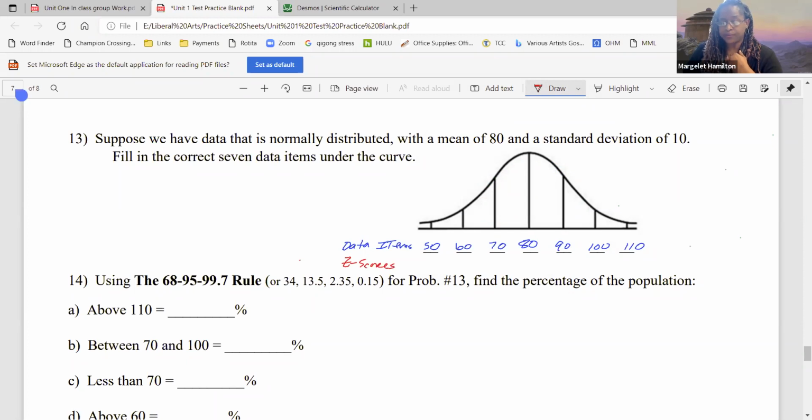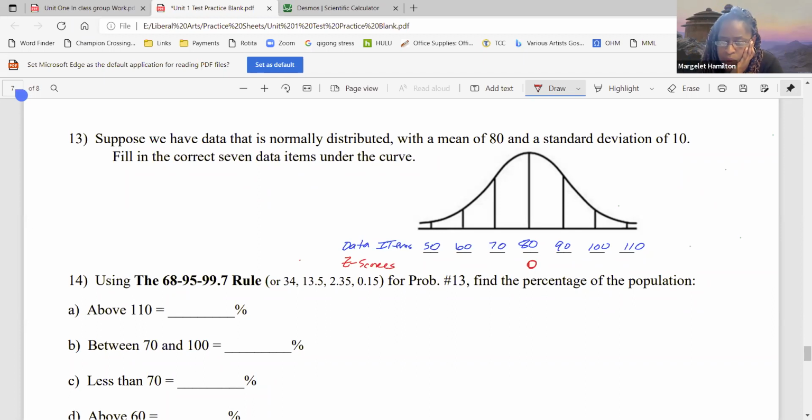When we put our Z-scores on our graph, it's just like the real number line. Starting in the middle, our mean represents what Z-score? 0. Every single time. If I go to the right, it's going to be some positive number, and on the left, it's going to be some negative.